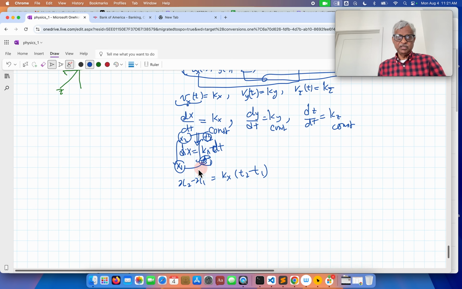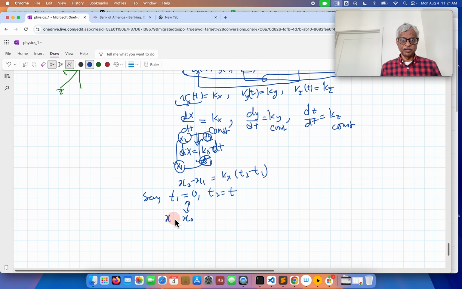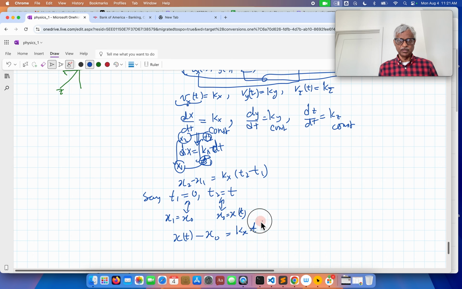If you take t1 equal to 0 and t2 as some arbitrary instant t, and call x at t1 as x0, then x at instant t minus x0 equals kx t.